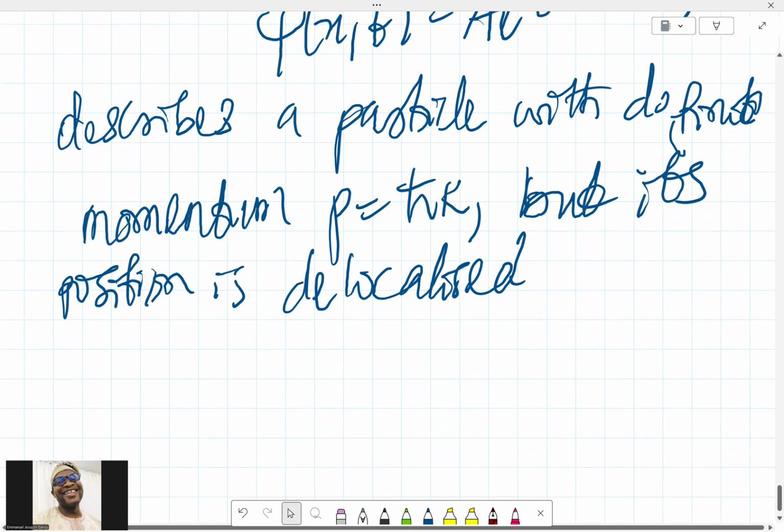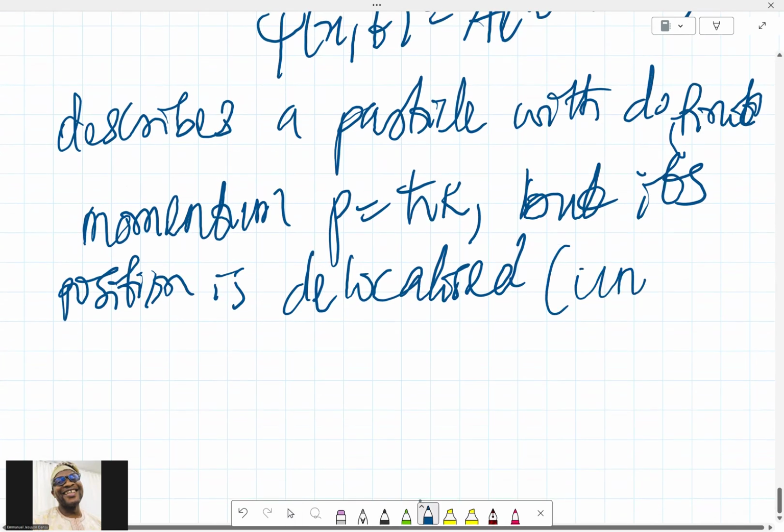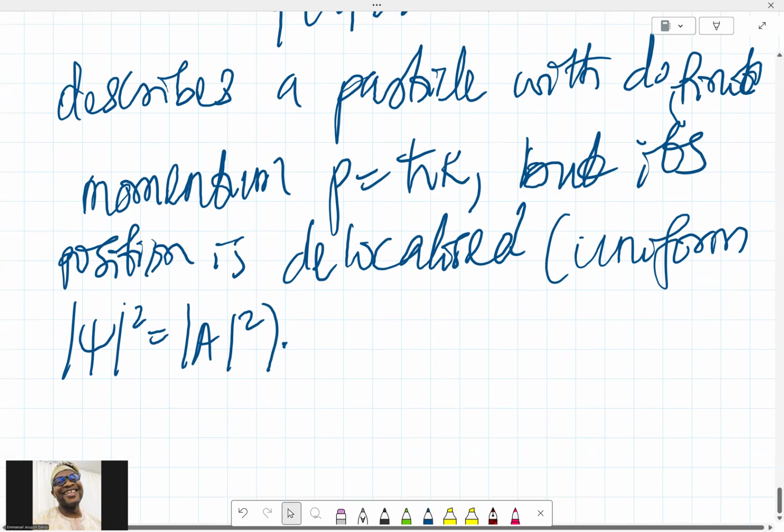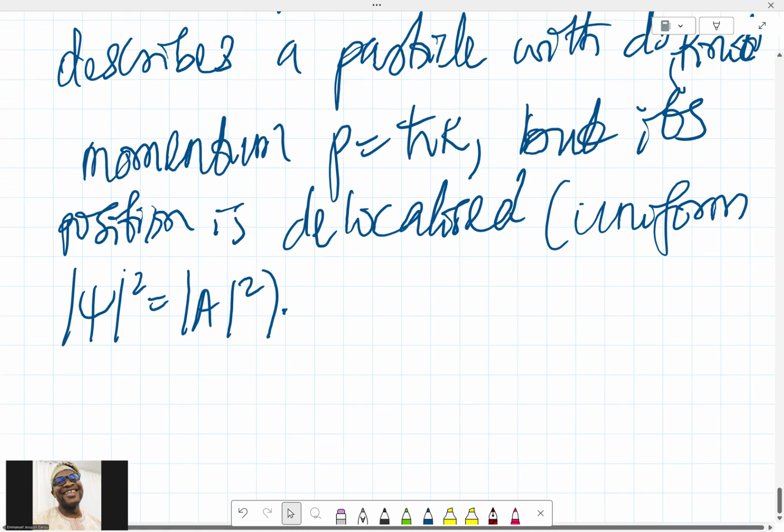That means it's uniform, meaning that the absolute value of psi squared is equal to the absolute value of A squared. So that's the interpretation of that example.